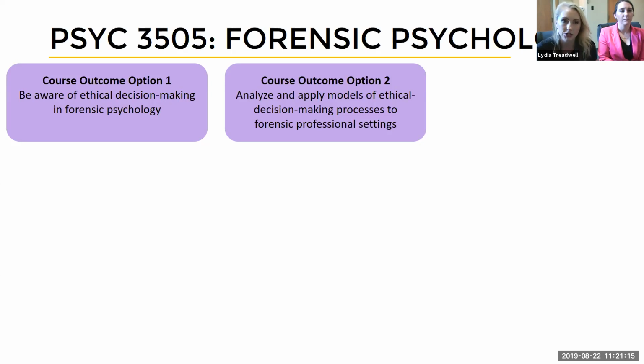And that's why option two is a lot more measurable and observable, because we're getting them to analyze and apply models of ethical decision-making processes to forensic professional settings. And as we go through this webinar, we'll see how we can take that outcome and break it not only into objectives, but also align assessments that are relevant to how they're going to be analyzing and applying those models and processes.